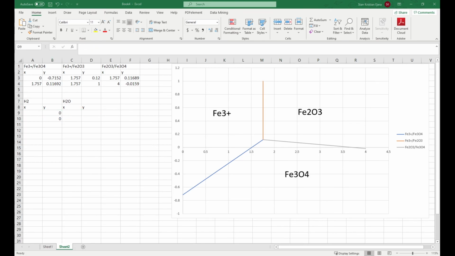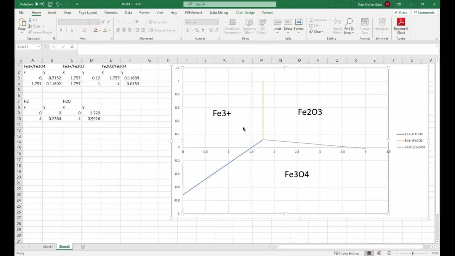So, again, ito is equal to 1.229 minus 0.0591 times yung X. Tapos, since ang X natin spans from 0 to 4, based dito sa diagram na to, pinili natin, ang gawin natin is 0 to 4. And 0 to 4. Tapos, pwedeng dagdag natin yung water stability line.